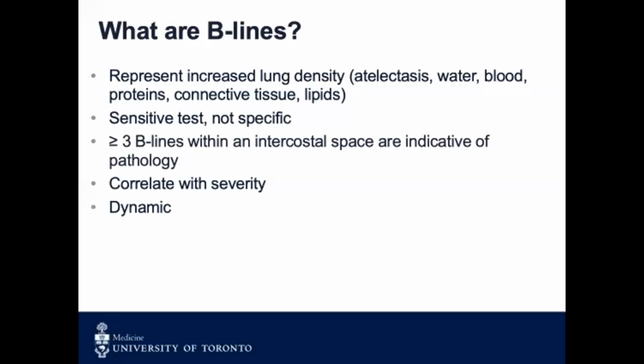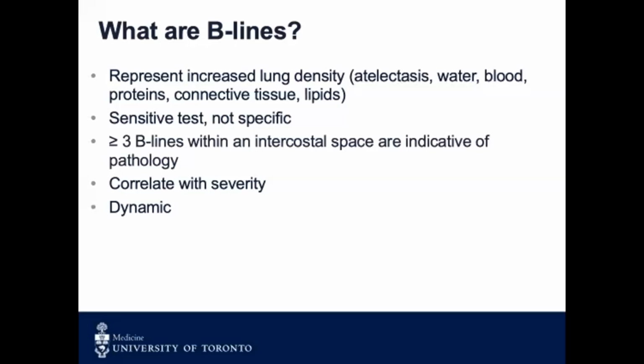They are dynamic in the sense that there have been studies that show that if you remove fluid off of a patient, you will immediately see that on ultrasound. But my point here is that although ultrasound is helpful, you're still going to have to make clinical decisions, because ultrasound is not going to be the end all and be all of telling you what this patient has.